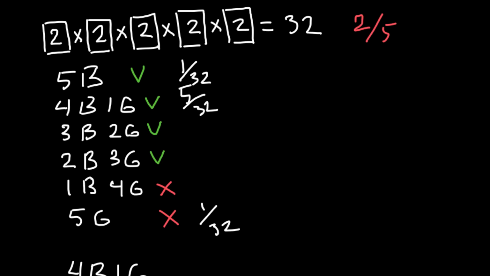And if you would take a close look here, that this variant is basically the same as this variant. Here we have 4 boys and 1 girl, but here we have 4 girls and 1 boy. The frequency would be the same, 5 out of 32.